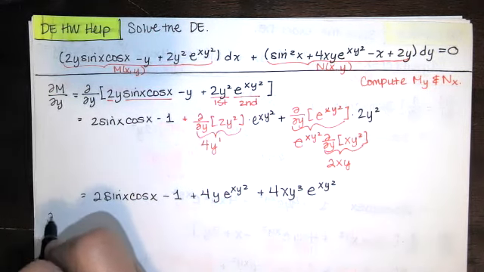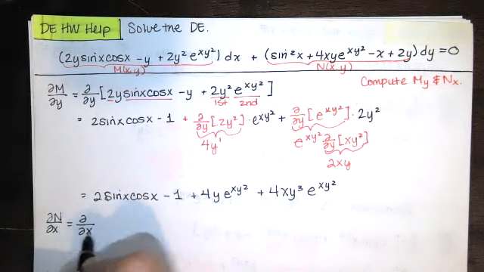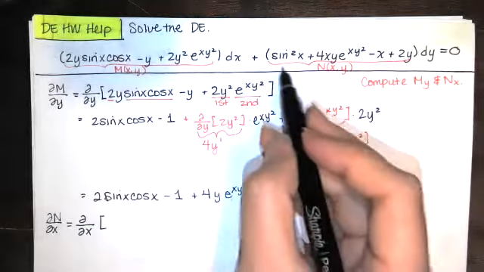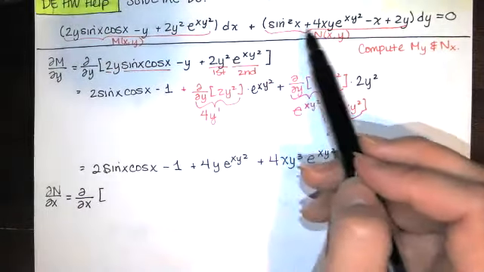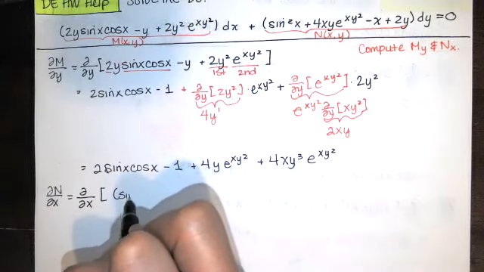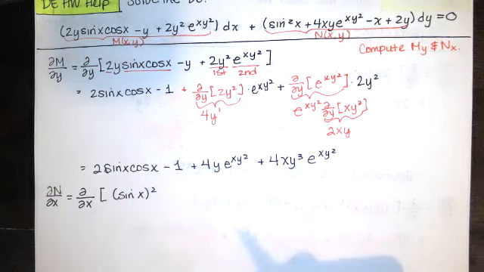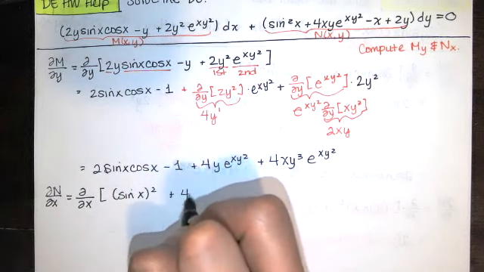Now let's compute the partial of N with respect to x. Now, in order to do this, and just to make it a little bit easier, I'm going to write this sine squared x as sine of x quantity squared, just to emphasize that we're going to use the chain rule when we take this derivative.